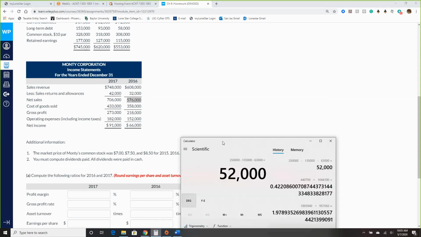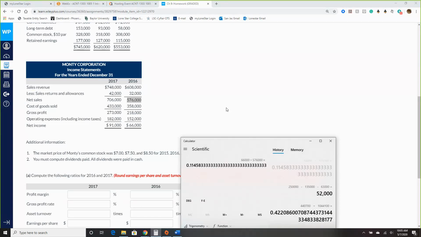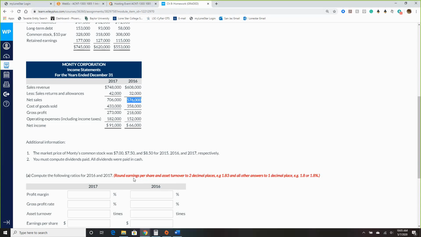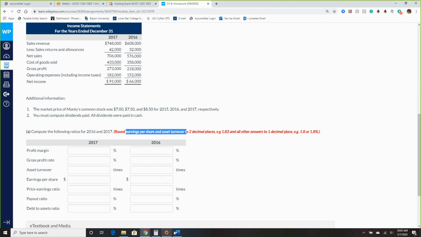So, calculator, 6,000 divided by 6. And double sure which ones we have to round: only earnings per share and the asset turnover, everything else to 1 decimal.